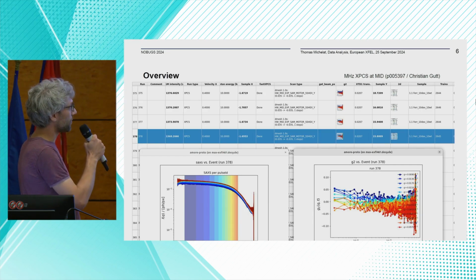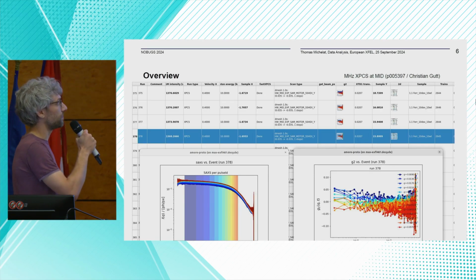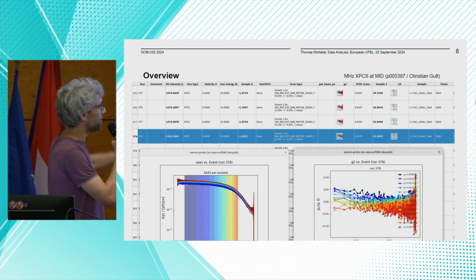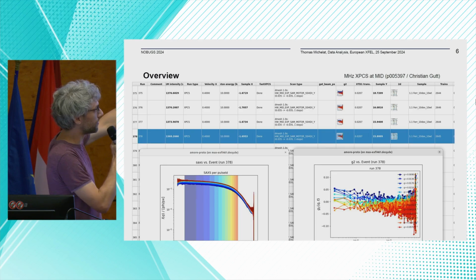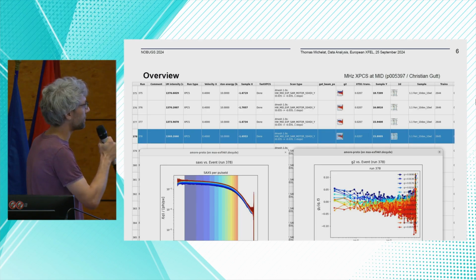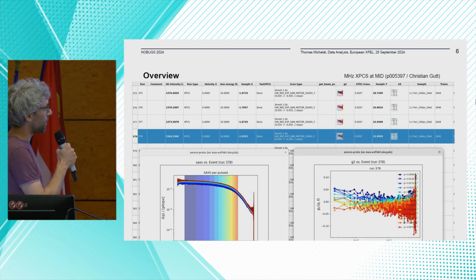So here we have an example of an XPCS experiment that ran this year. And you can see the kind of data that's being collected. Typically you can show the kind of scan that's being executed, the beam energy for the run, some motor positions, the sample information, and so on.